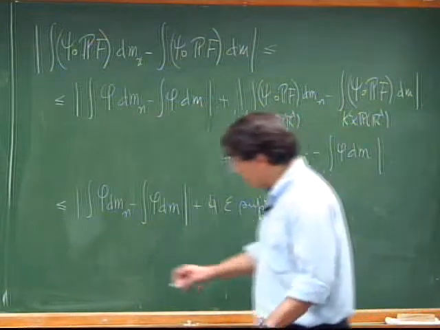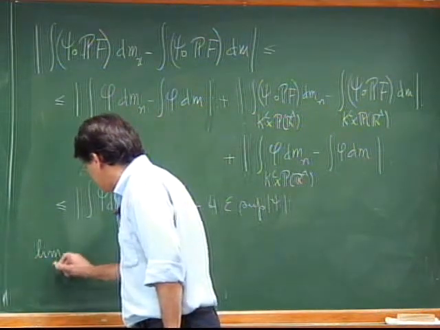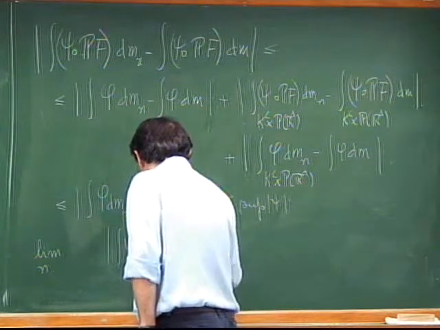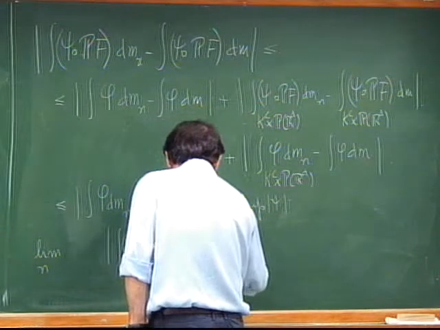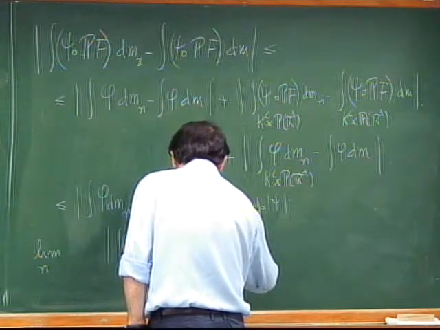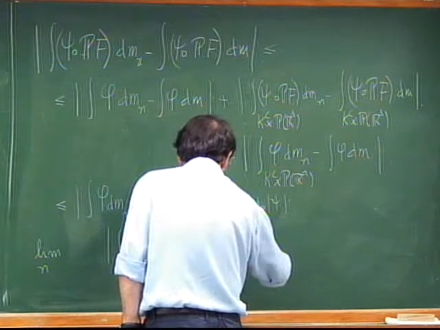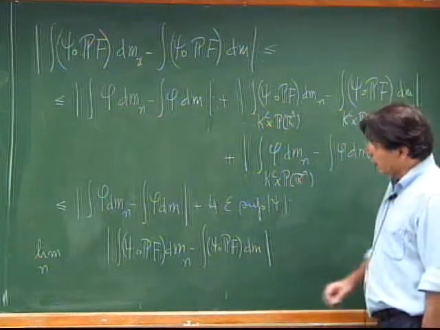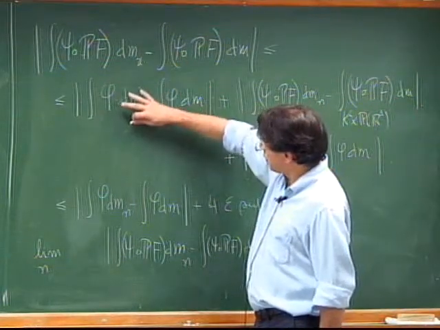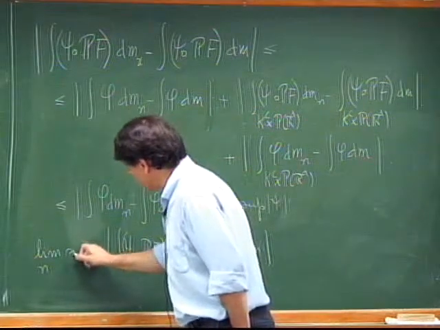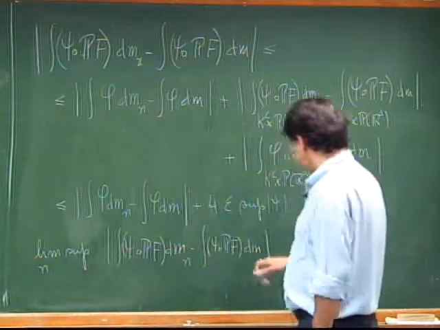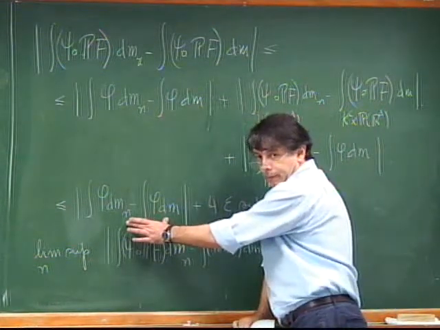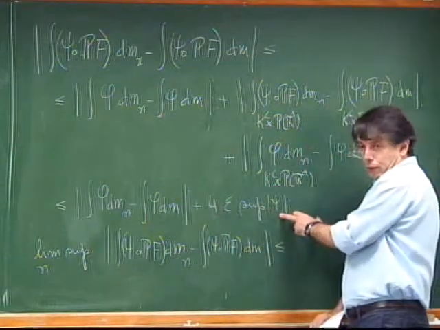So, when I make n go to infinity, the limit, well, I don't know if the limit exists, but I'm taking the lim sup. The lim sup of this is less or equal than this limit plus 4 epsilon times the supremum of psi.